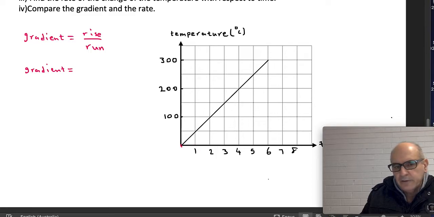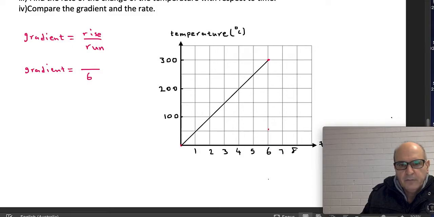Rise is how much we go up, and run is how much we go across. Say we go from the start of the graph to the end of the graph. How much do we go across? It is 6. So the run is 6, I put it in the denominator.